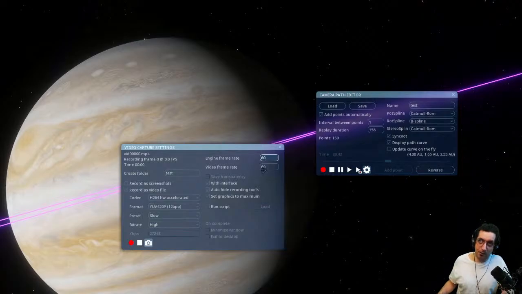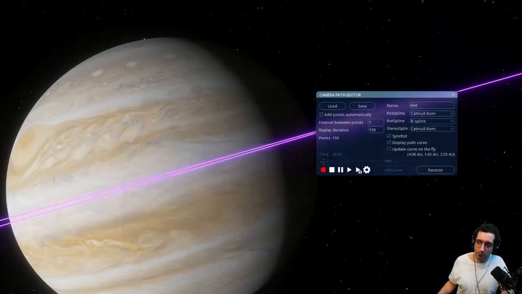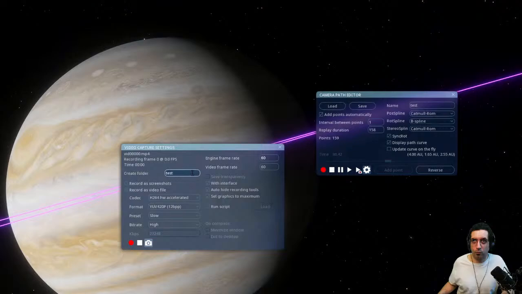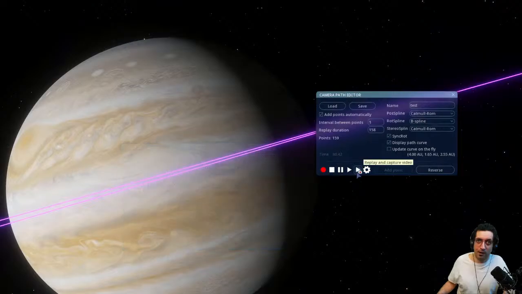Instead, I could just type in 120 frames a second into these two boxes, and when I run the recording, it'll generate a recording at 120, even though I don't normally play it at 120 frames per second, but it'll do it at a slower frame rate.